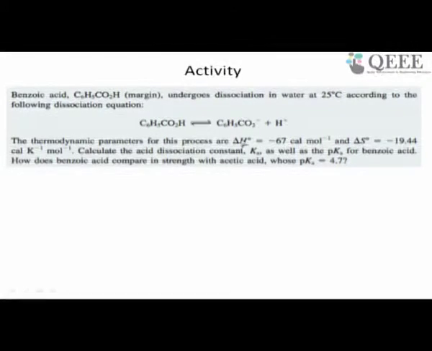Once you find delta H and delta S, you need to find delta G, because delta G equals delta H minus T delta S. So by substituting delta S and delta H, you can find delta G. And once you know delta G, you know the relation delta G equals minus 2.303 RT log Ka.